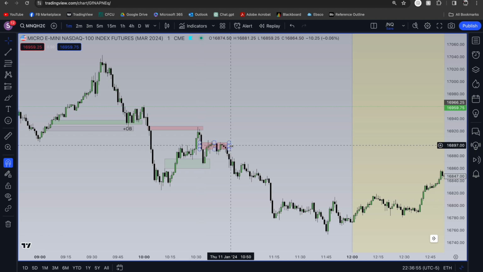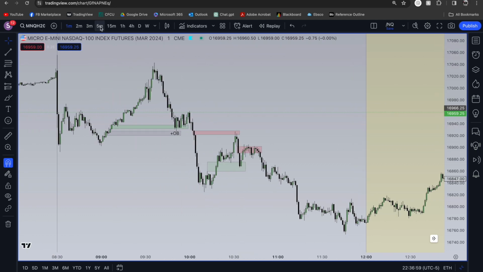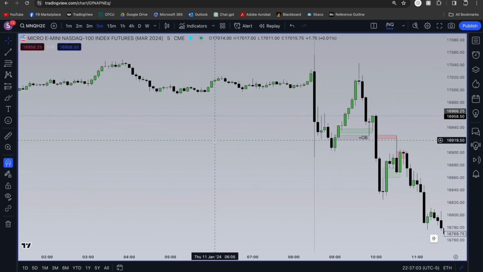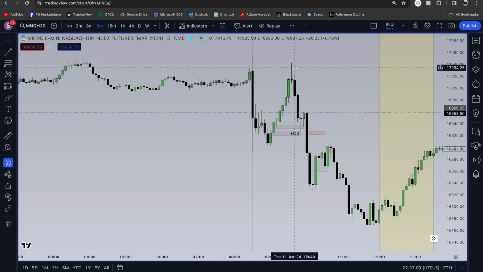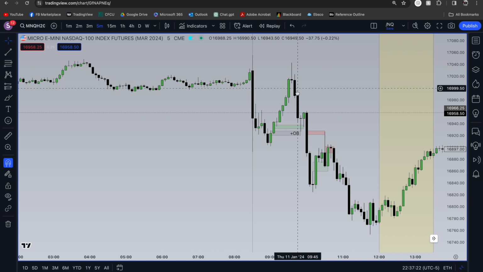So this is one setup I saw. Looking at market structure from a 5-minute chart. Long-term high, intermediate term high, lower intermediate term high. Low, higher low.